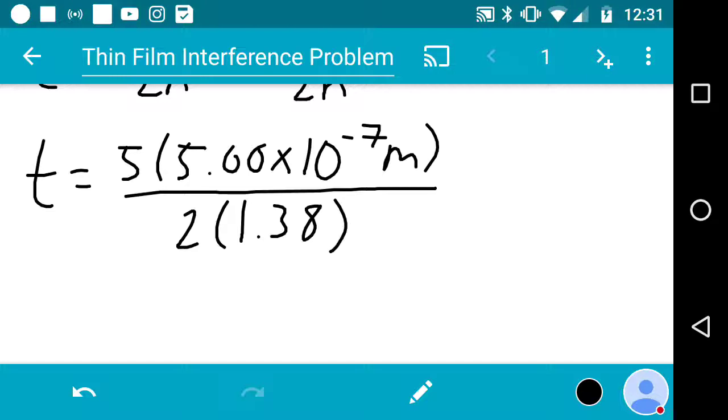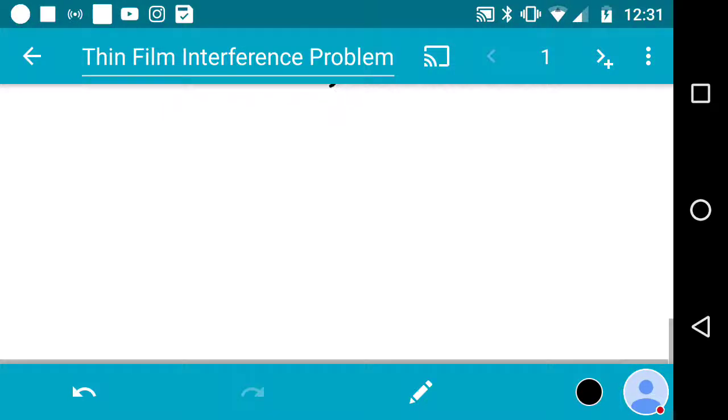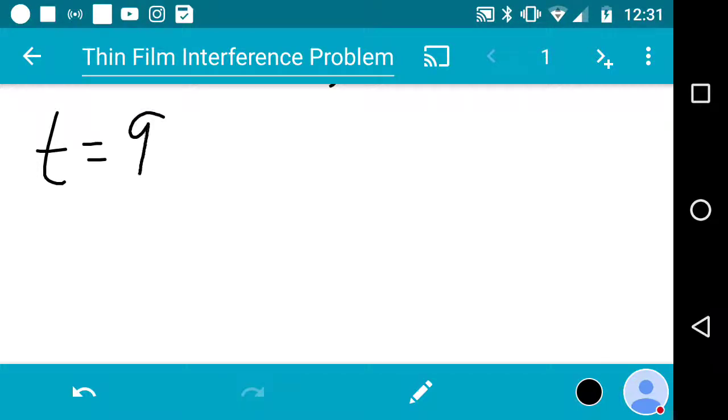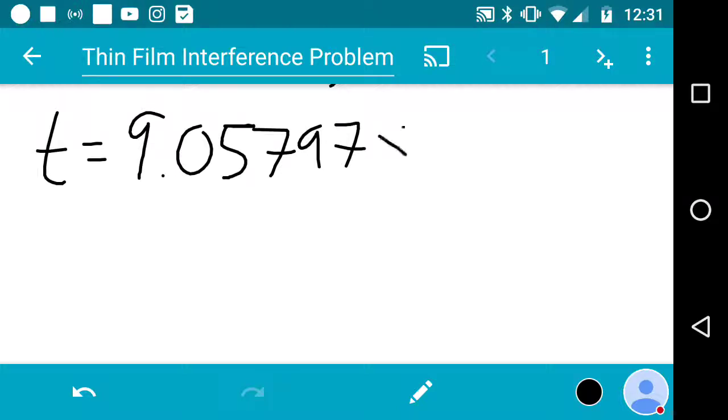Plug this into our calculator, and we will end up with our thickness is equal to 9.05797 times 10 to the minus 7 meters.